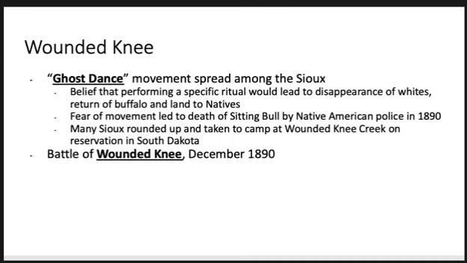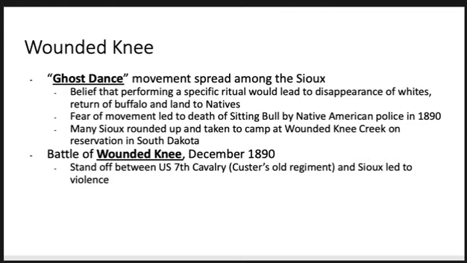And in December of 1890, again, there was this fear that Native Americans were planning an uprising. And so the U.S. Cavalry, the 7th Cavalry, which actually was George Armstrong Custer's old regiment, you remember, from the Battle of Little Bighorn, they went around and they were picking up all the weapons that the Native Americans had.